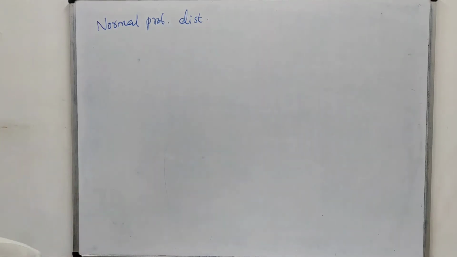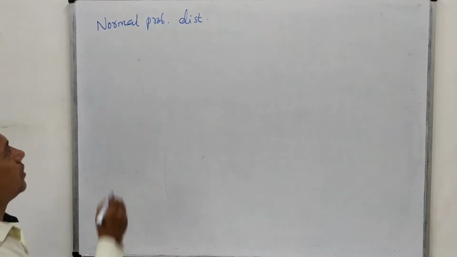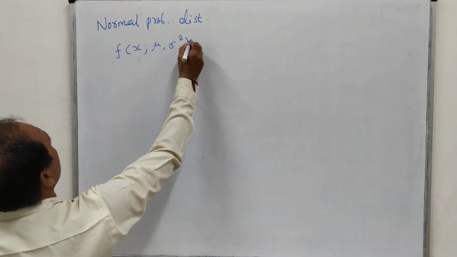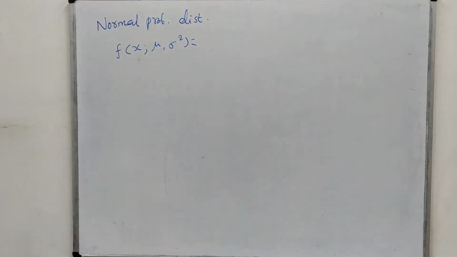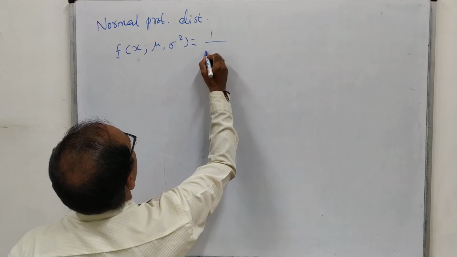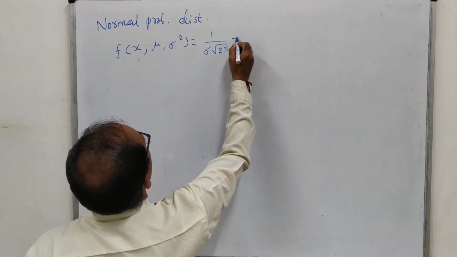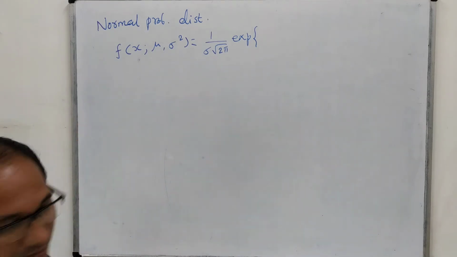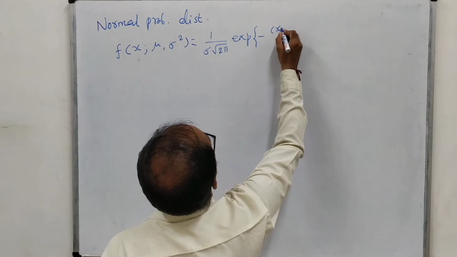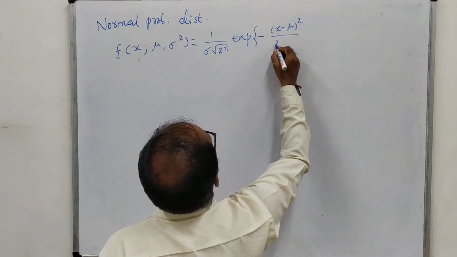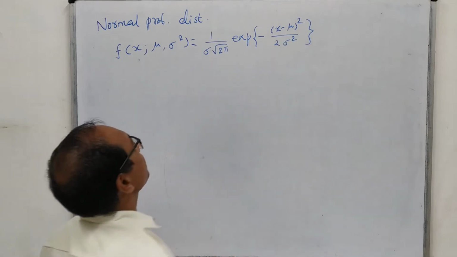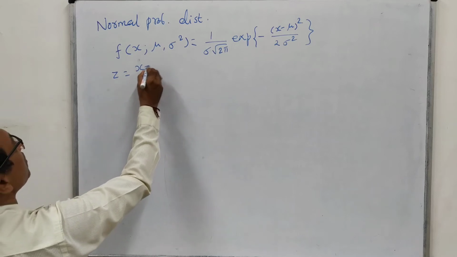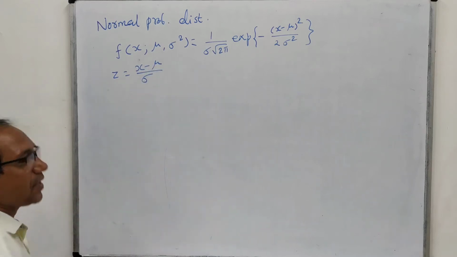There we saw the probability, which can be written as f of x, mu, sigma square equal to 1 upon sigma root 2 pi into e raised to minus x minus mu whole square divided by 2 sigma square. I already explained this to you last time. After that we assume z equal to x minus mu over sigma.